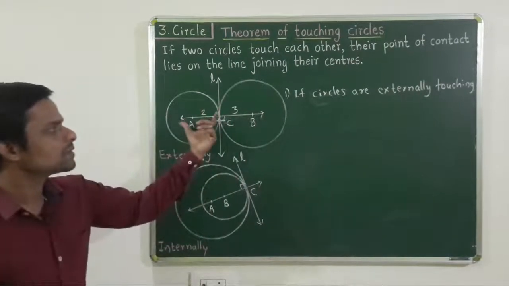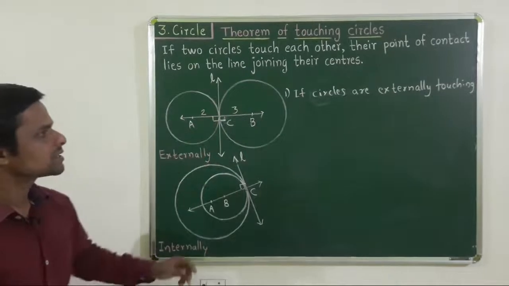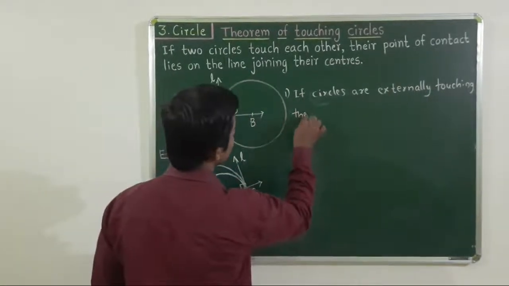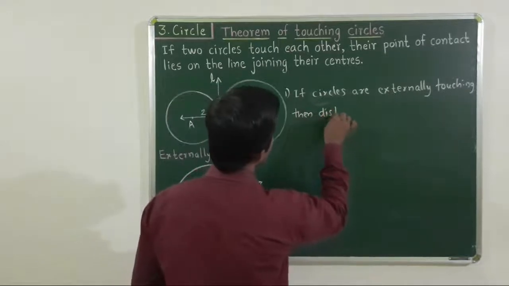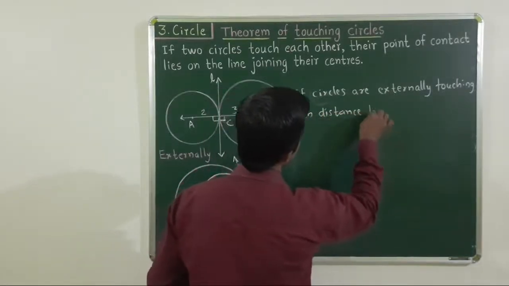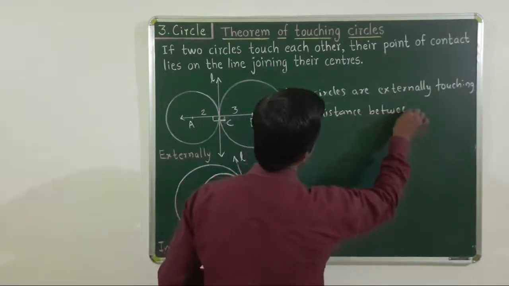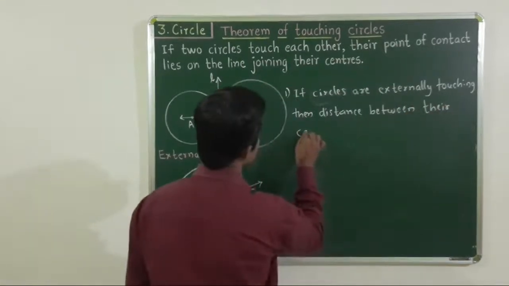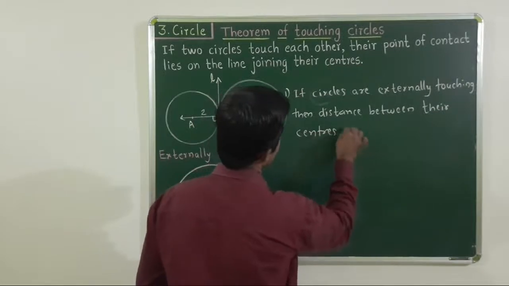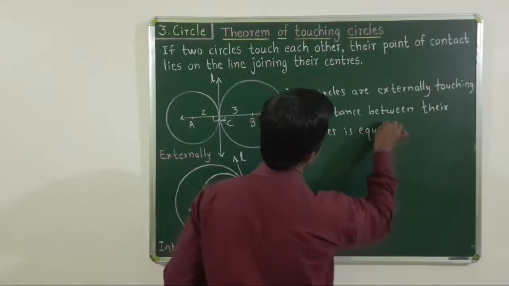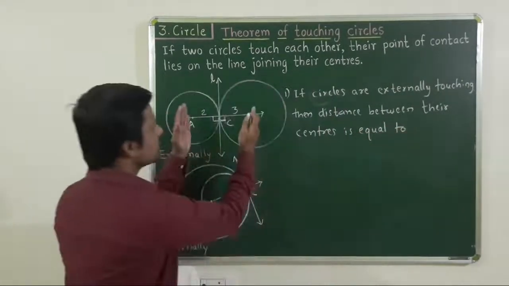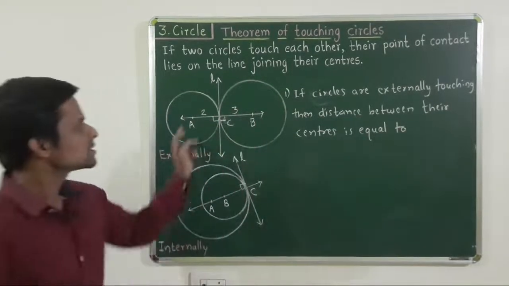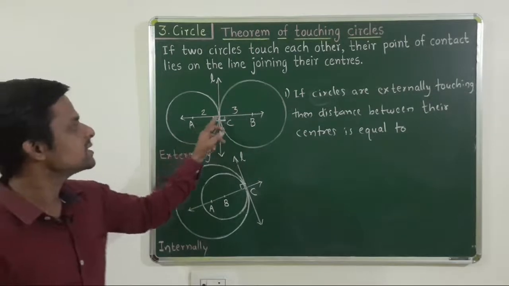Means if circles are externally touching, then the distance between their centers is equal to 2 plus 3.